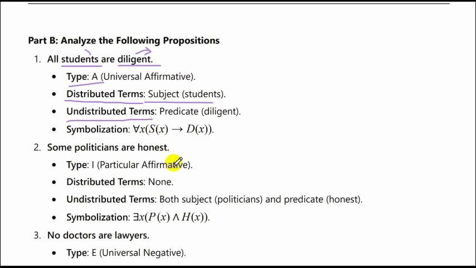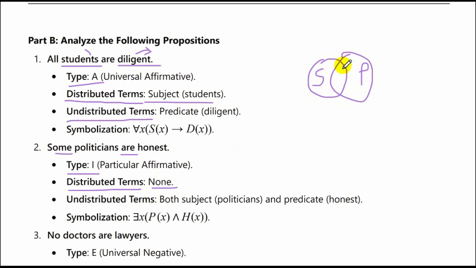Some politicians are honest. So this is type I. We know that some are is always type I. Some are not is type O. For distributed terms, none are distributed, and you can understand it by this example. This is the S class, this is the P group.